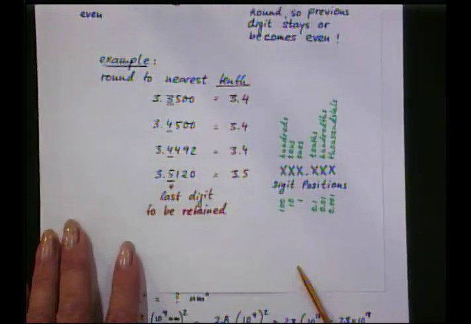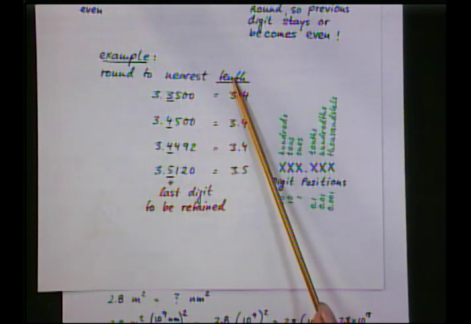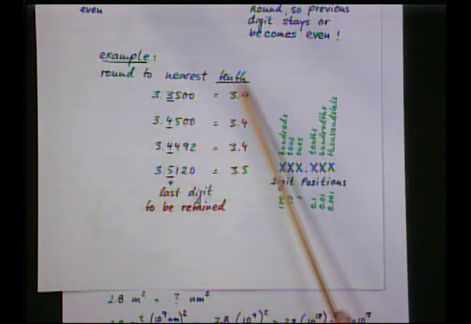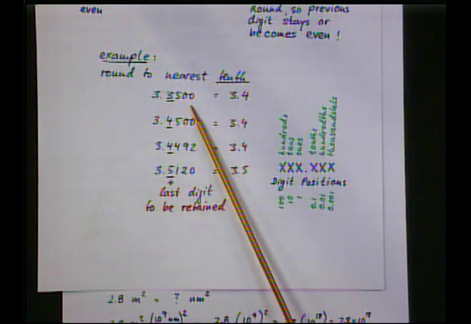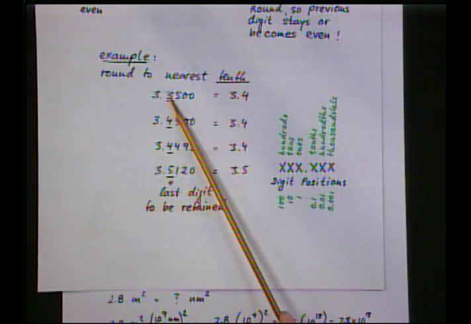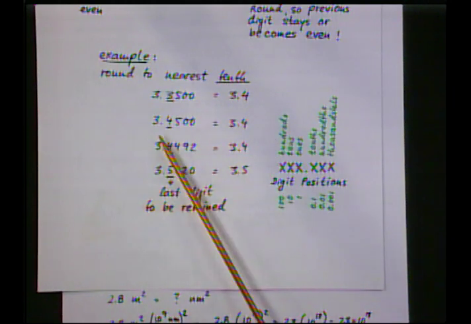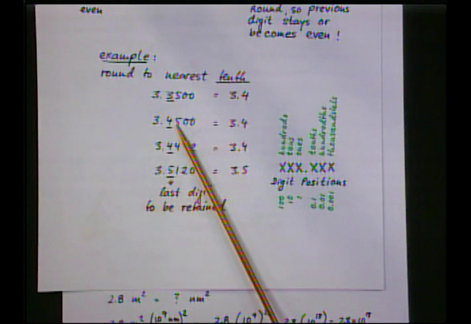Here are some examples for rounding. Let's round to the nearest tenths. So what does that mean? Here we have a number, nearest tenth. So that means this digit right behind the decimal. So this becomes 3.4. Here, the 5 is dropped. So it's also 3.4.